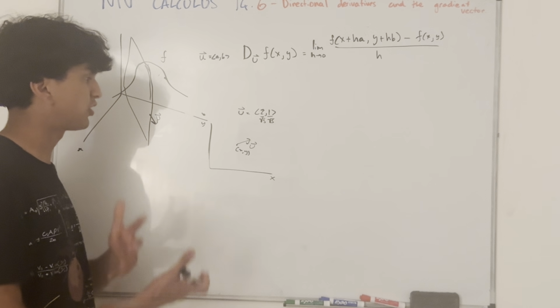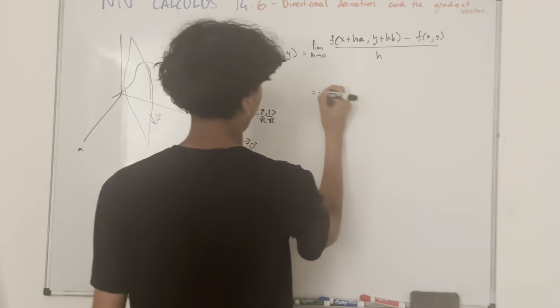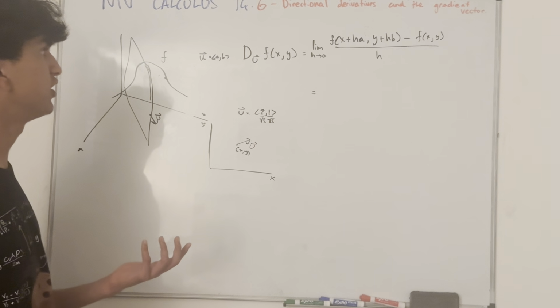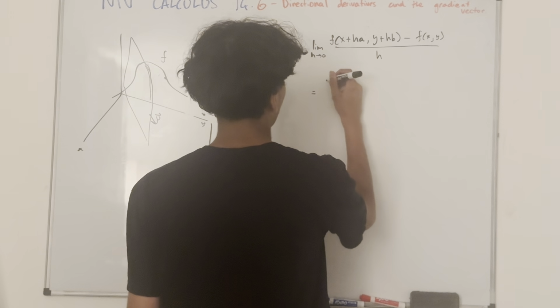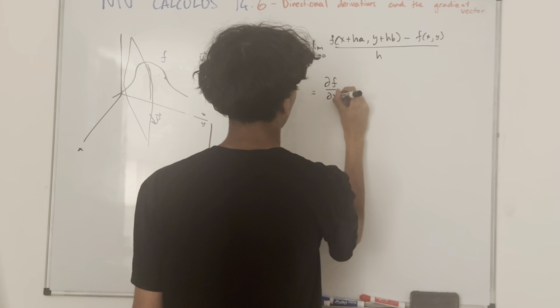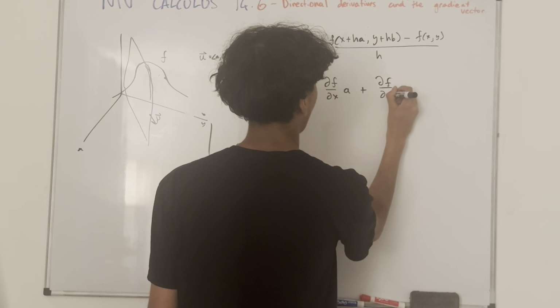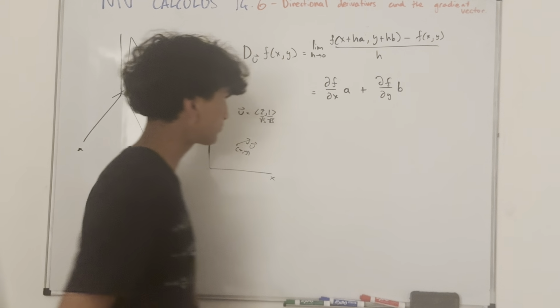I guess what I'm trying to set up is another way; this is the formal definition, but really the directional derivative is going to look like this: partial f partial x times a plus partial f partial y times b.